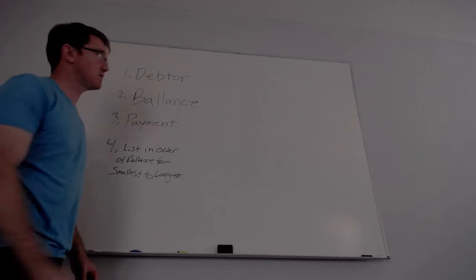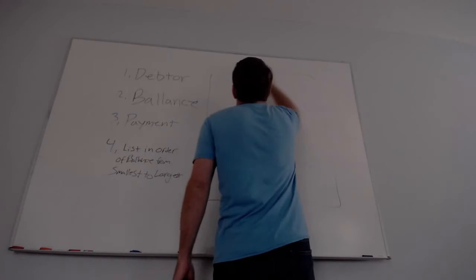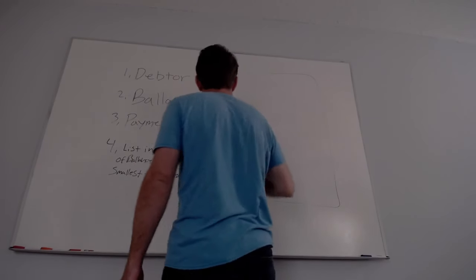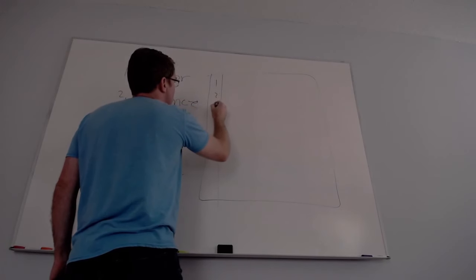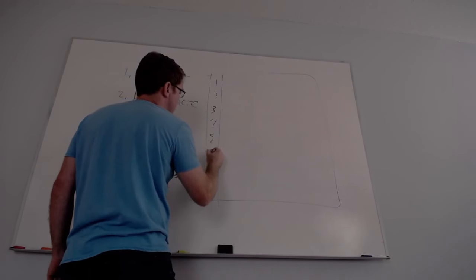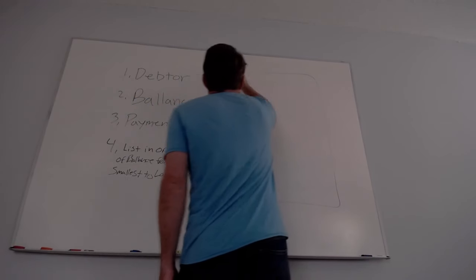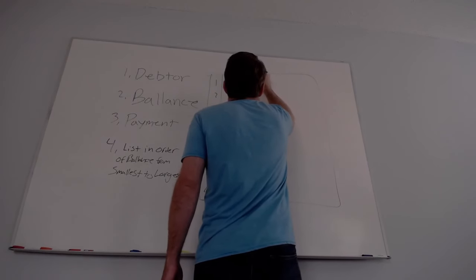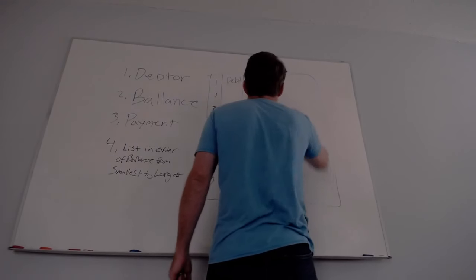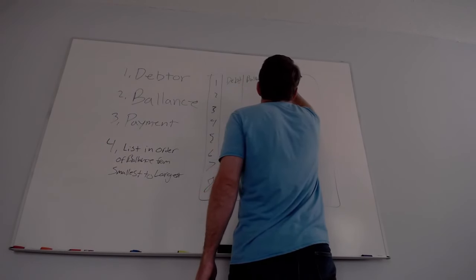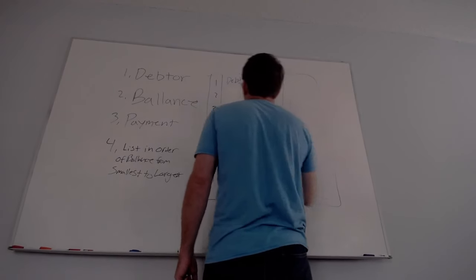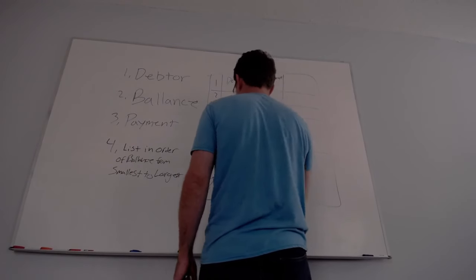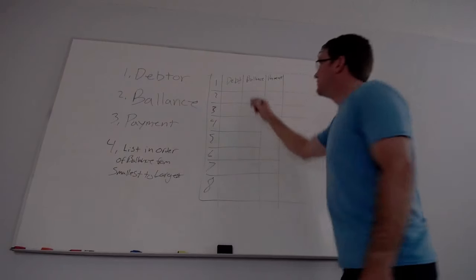Just make a grid, just like what we did. Boom. Make a chart. Debtor.